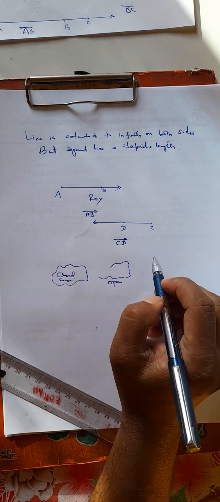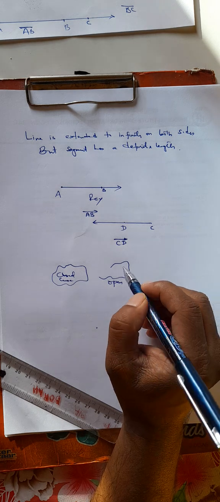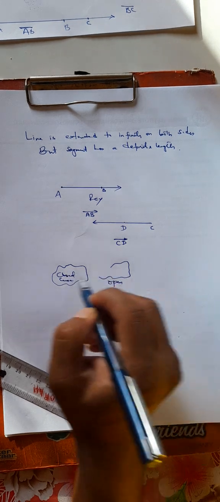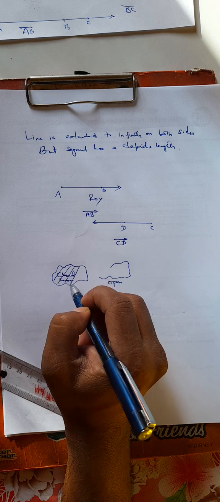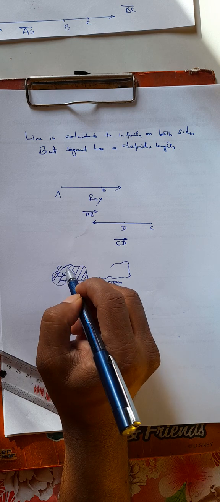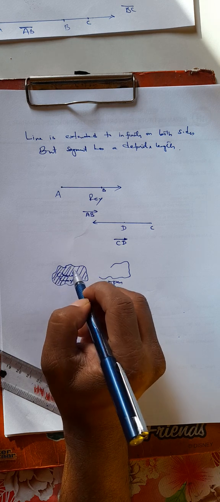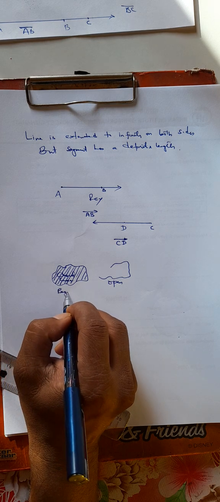Open curve. Right? Now the surface within this closed curve is called a region. We call the shaded portion the region.